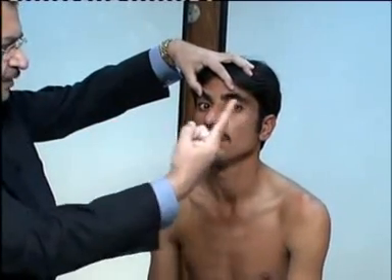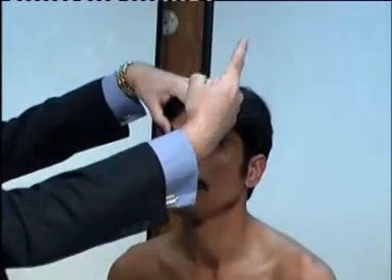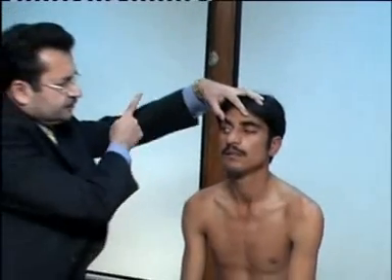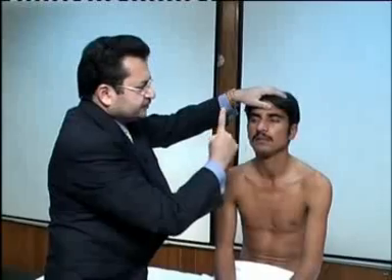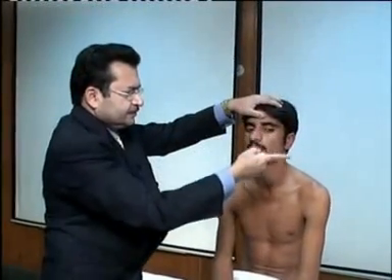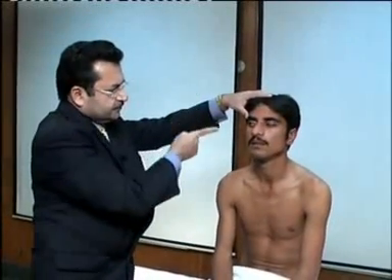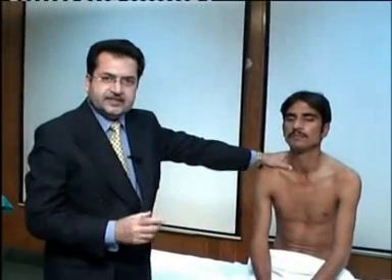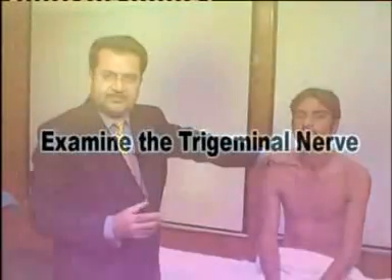Then you go on to the oblique. Sometimes it's important to take the patient's eye to the lateral side and then ask him to look up. By this, you can easily see whether these movements are symmetrical or not, or whether there is any weakness of any muscles supplied by these nerves.